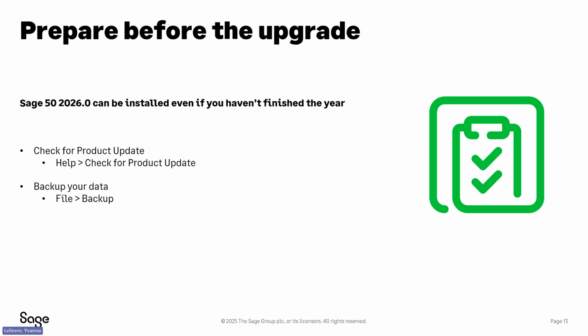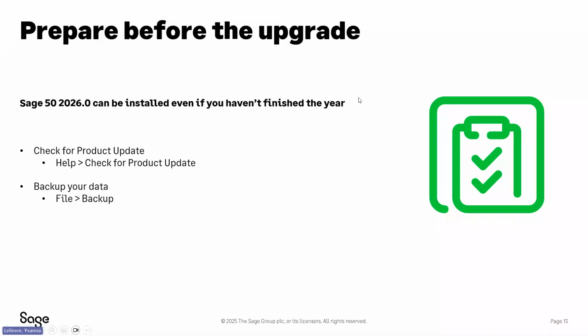You can work in the year 2025 while being in this 2026 software. That update does not affect your year-end at all. You can install it in advance. It is actually recommended to install it now, just because it is a big update. If you are using a server, your server will need to be updated.